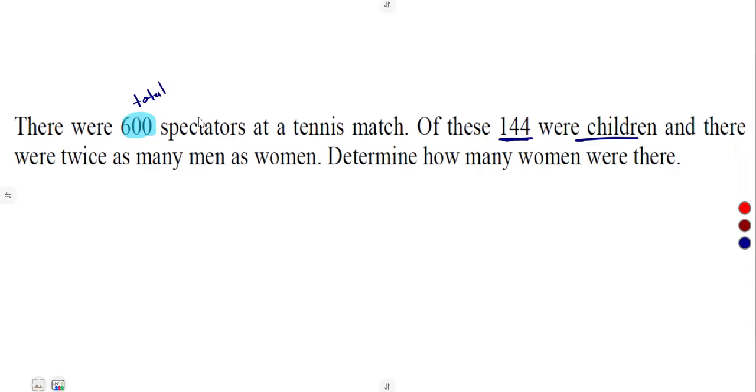The total consists of what? Children. They're in this. And there were twice as many men as what? Women. Meaning to say, in this total, we also have men and women.